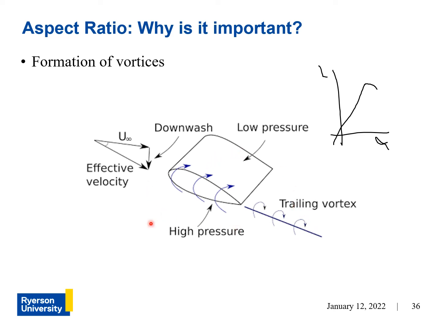So this formation of vortices at the tip, because of the leaking of the air, needs to be alleviated. And you can do that by having a higher aspect ratio wing. Because with higher aspect ratio wings, the span is much larger, and that means that the wingtips are going to be further from the majority of the wing area.